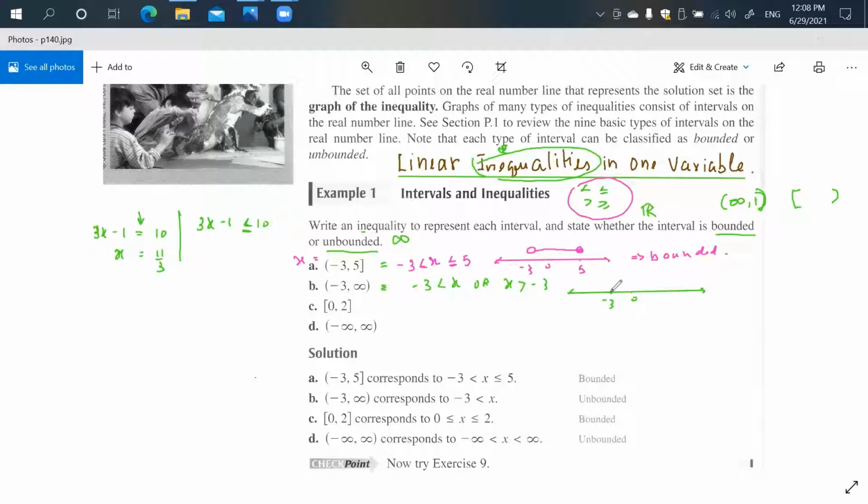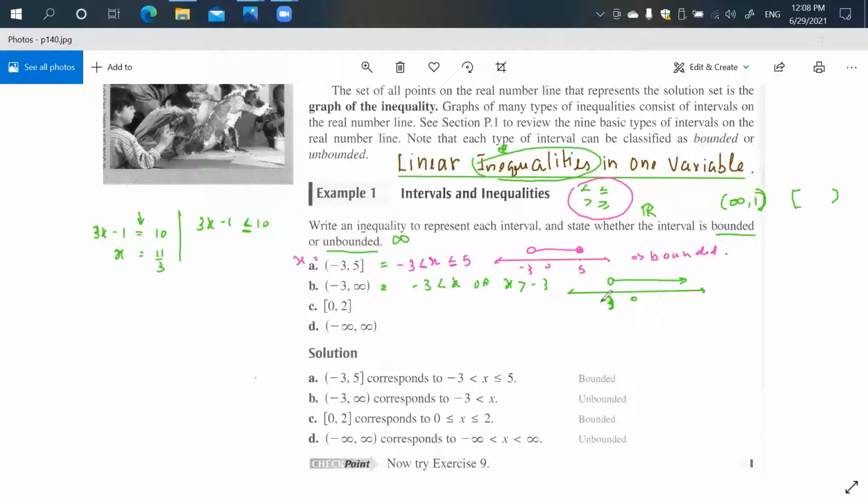Just put the main number from the question right away. So -3 is on the left-hand side, and x is greater than -3 with no equal sign, so you open the circle and draw to the right-hand side, because x is greater than -3.